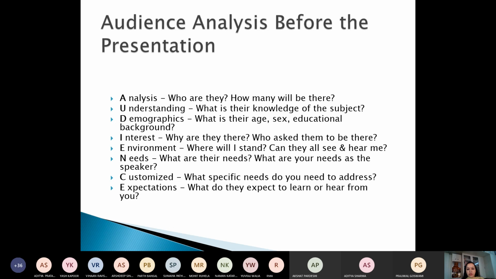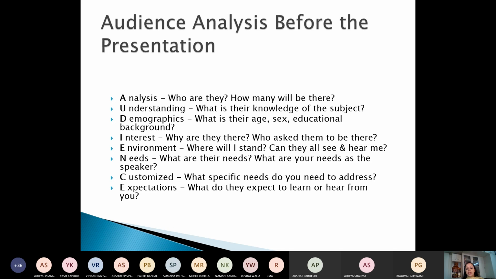Oh, there is no room for walking around. I need to stay put in one place. People who are in the habit of moving around, for them standing in one place and delivering the presentation is very difficult. I find it very difficult, right? So you should be there at least 15-20 minutes or half an hour before the event is to begin.